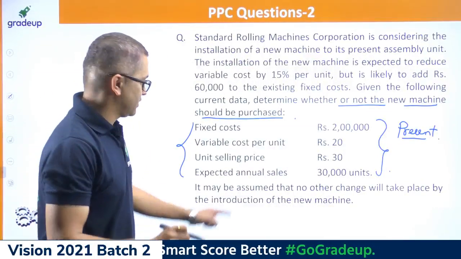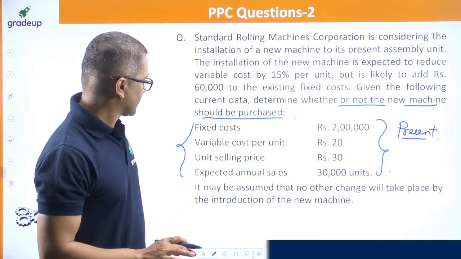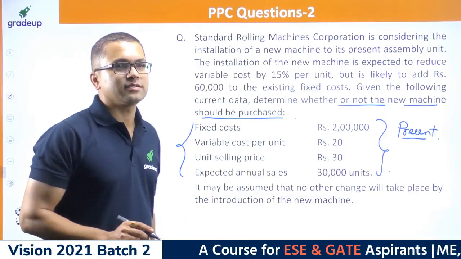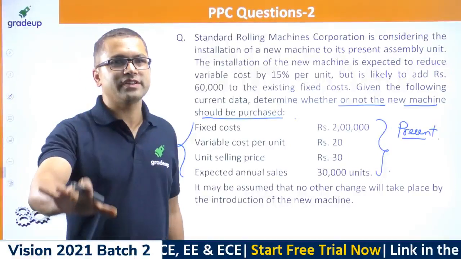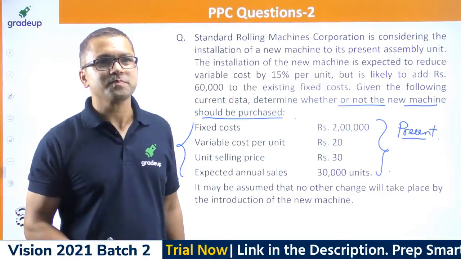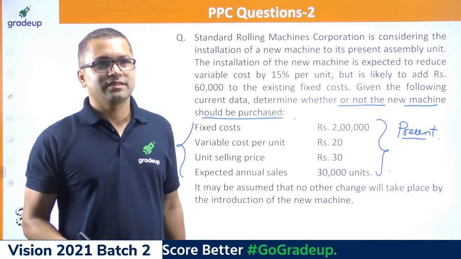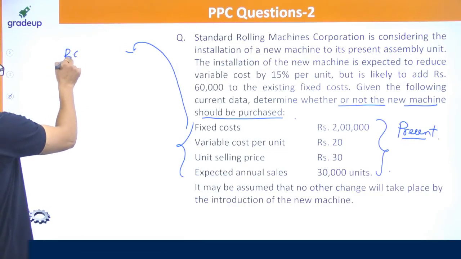All right, so for this, can you calculate the break-even point for the first machine, and also calculate the profit if there's a profit? So just calculate the break-even point.